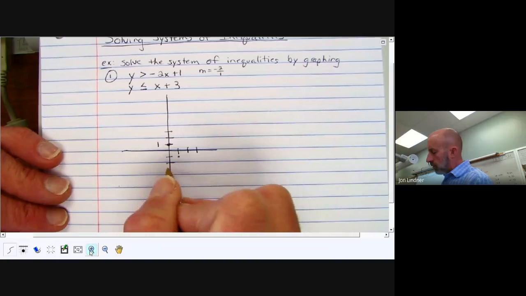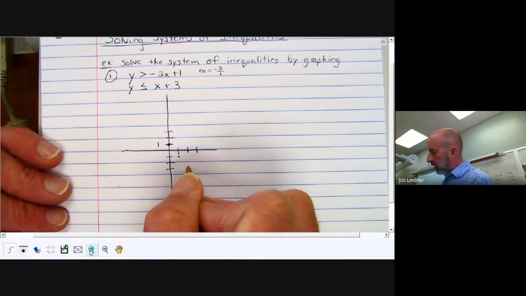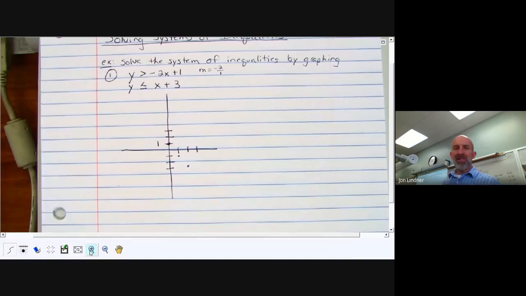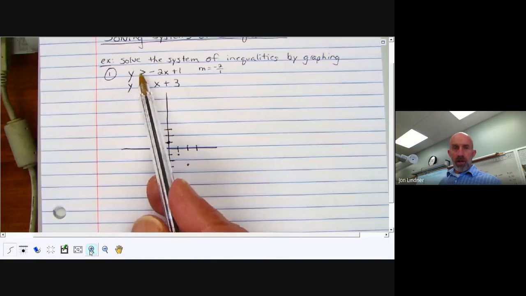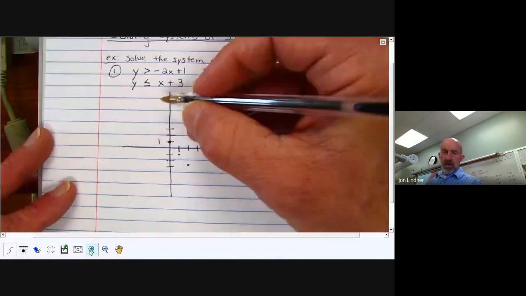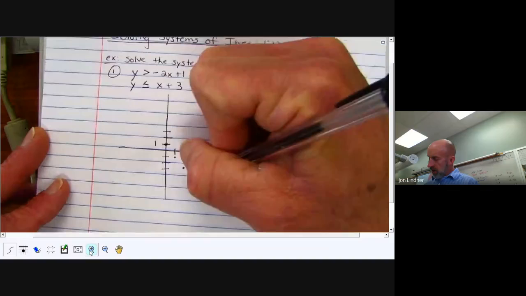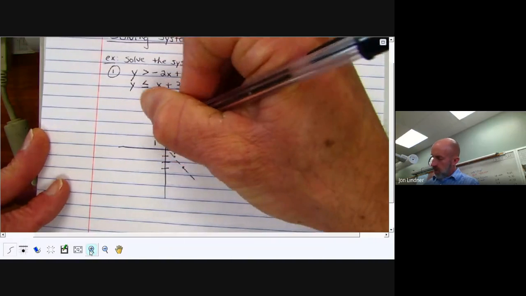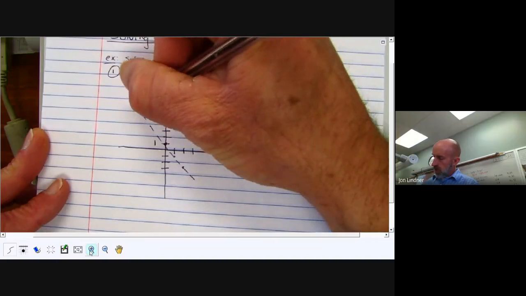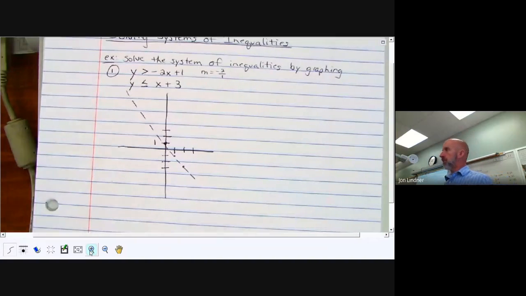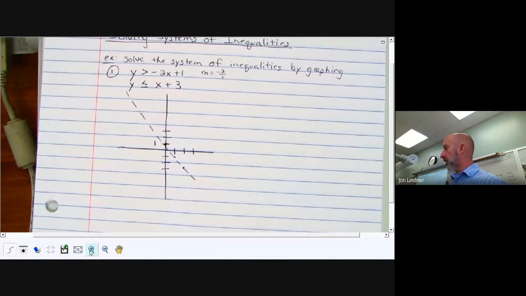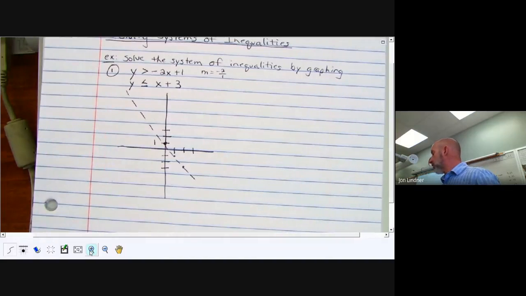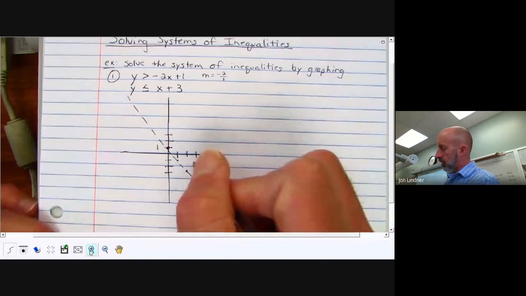I could go down 2 again and over 1 again. And since this one is greater than, and not greater than or equal to, we're going to use a dashed line. Okay, a dashed line. And we would shade above it, right? We would shade above it.